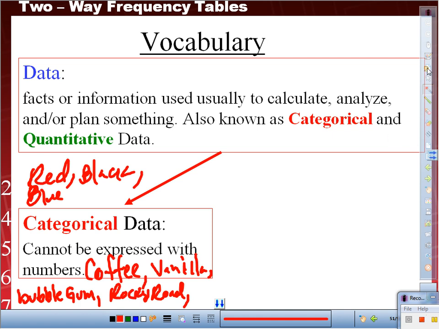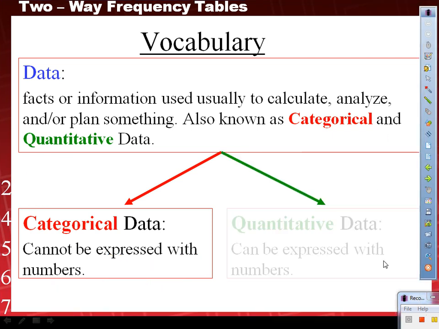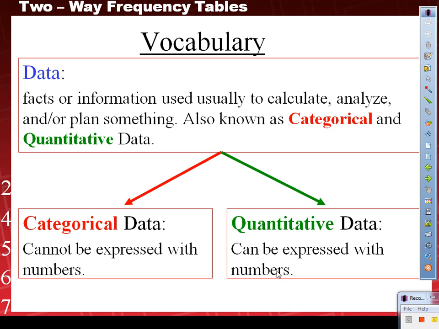Yeah. Let me go to quantitative. Quantitative data uses numbers. Okay, for example, let's say I wanted to gather information from this class and I wanted to know shoe size. Shoe size. Okay. So let's start with Enrique. Shoe size. 5.